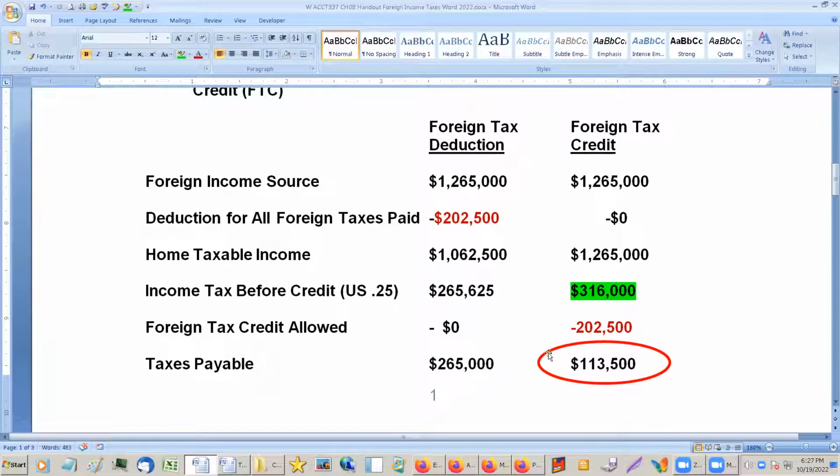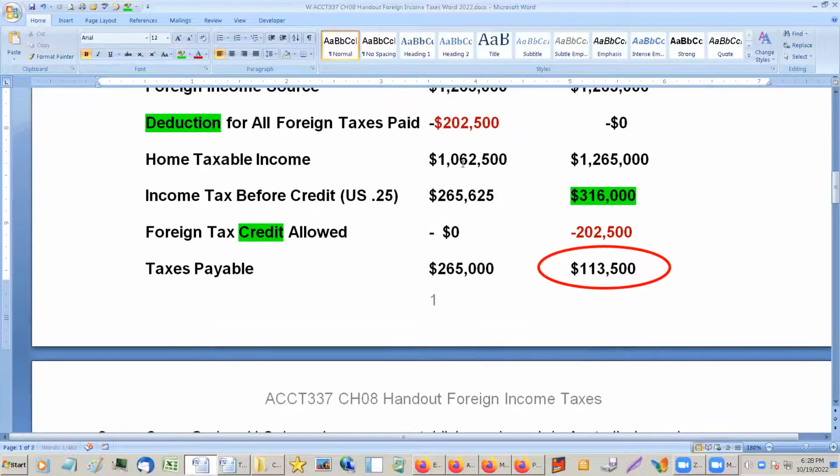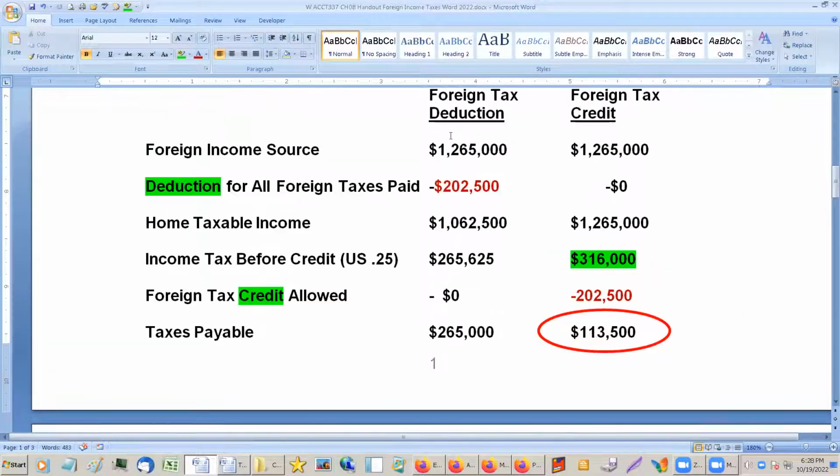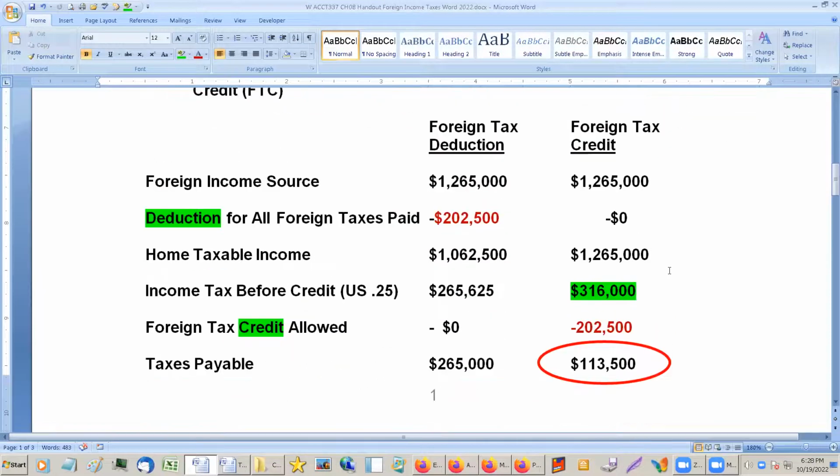And by the way, just in general, credits are way better than deductions. Because with deductions, you only get part of it. In this case, only 25% of your deduction reduces your taxes. Whereas over here, this is 1-to-1, 100% of your credit goes against your taxes. So credits are virtually always better than deductions.